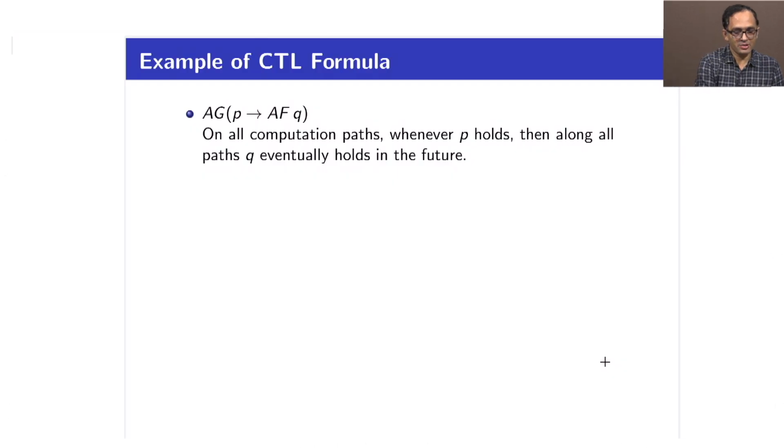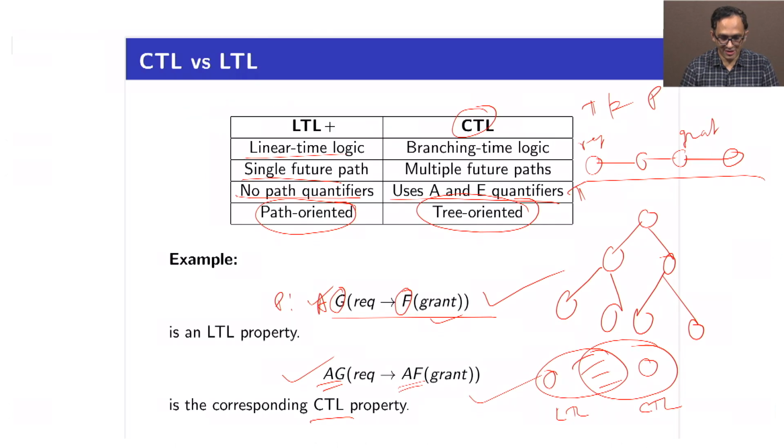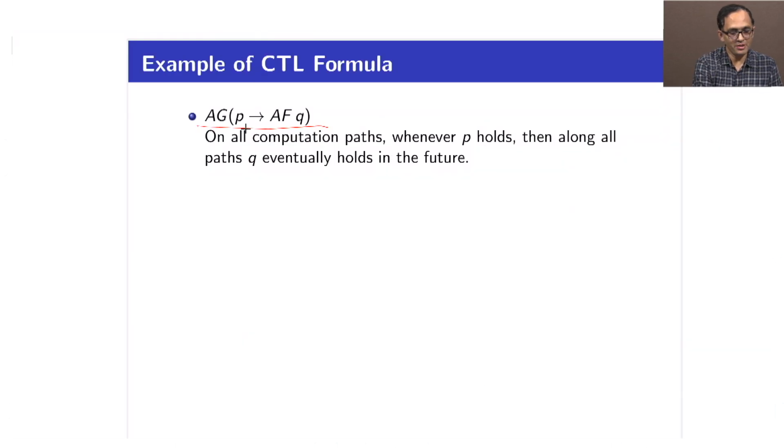So, let us start with AG P implies AF Q, right. So, it is basically the same example, right. What does it mean? A means all computation paths. So, I am now in a branching tree, I am in the root node, and from there, whatever the computation path in which globally, that means in all paths in all states effectively, right.